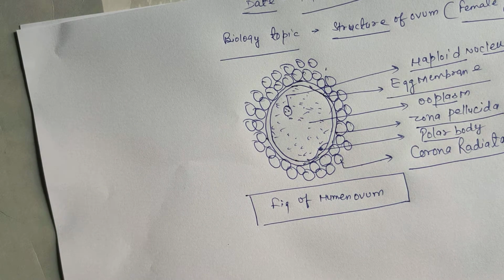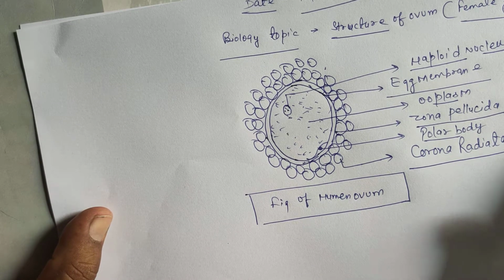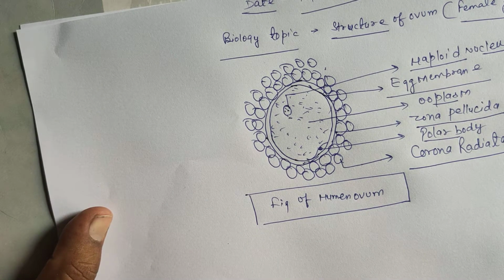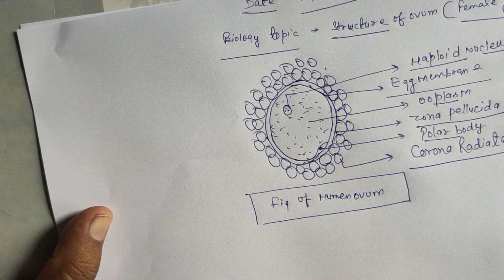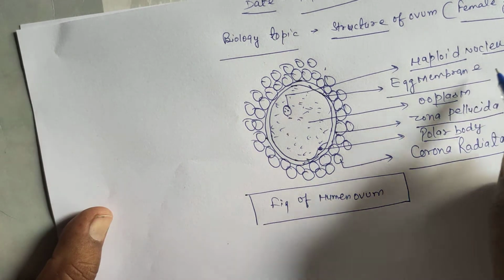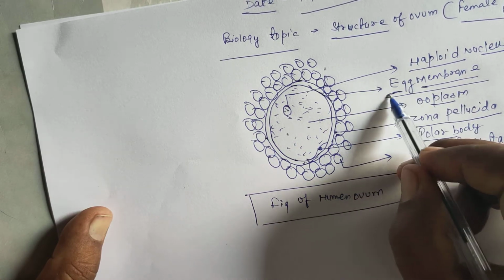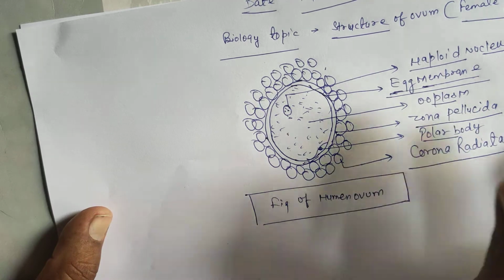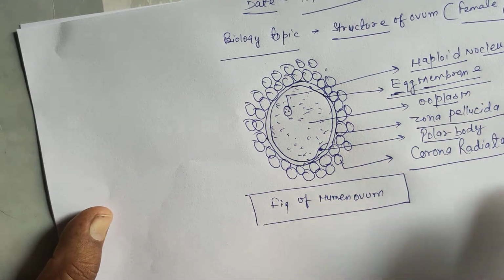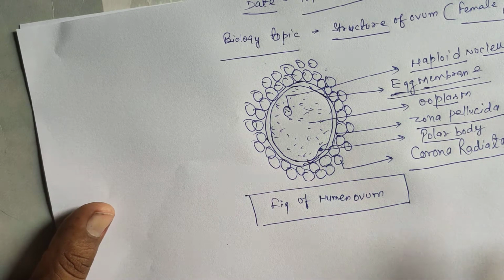Once again, today's topic is structure of ovum or female gamete. Remember, students, human's ovum is round shape structures and microscopic. To have a membrane like structures, this membrane like structures is located on egg, so it is called egg membrane. Second, human ovum or female gamete to have two egg membrane.